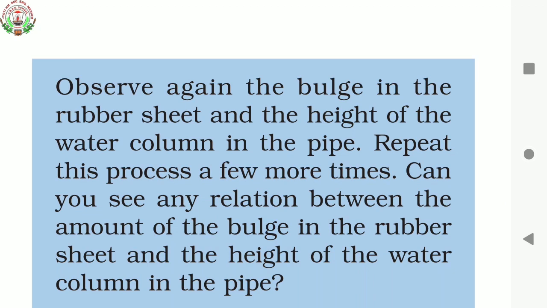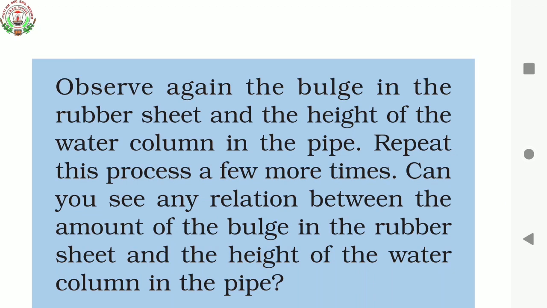Can you see any relation between the amount of the bulge in the rubber sheet and the height of the water column in the pipe? Yes, if the height of the water column increases, the bulging of the rubber sheet also will increase.